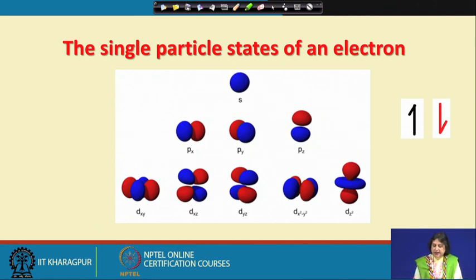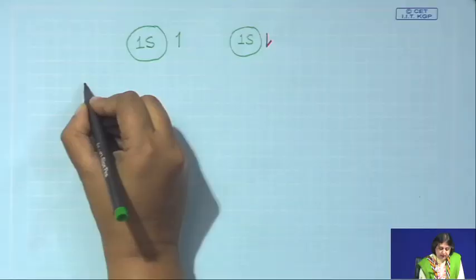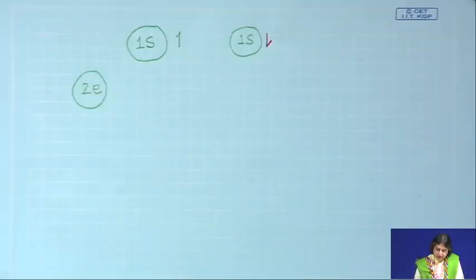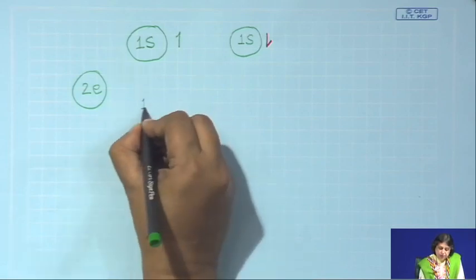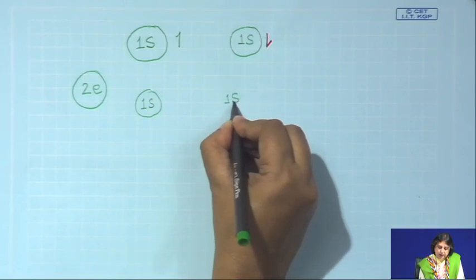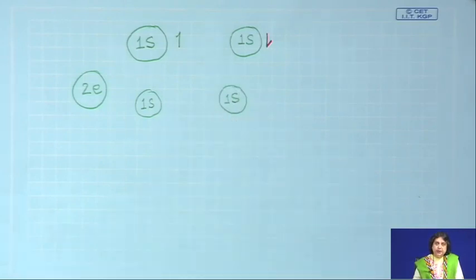So, the question that we are posing here is as follows. I now have two electrons, and I am assuming that both of them are occupying the 1s orbital.